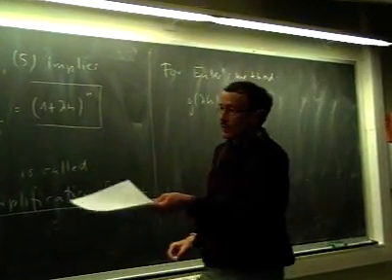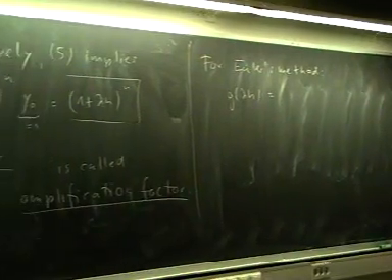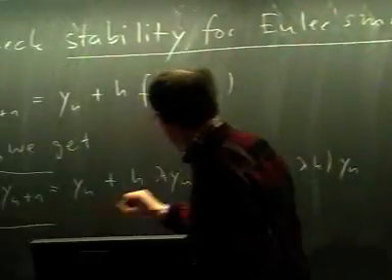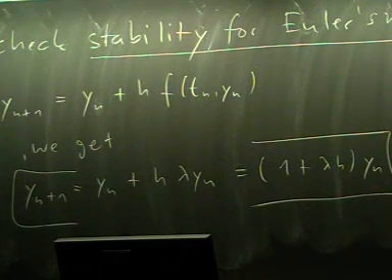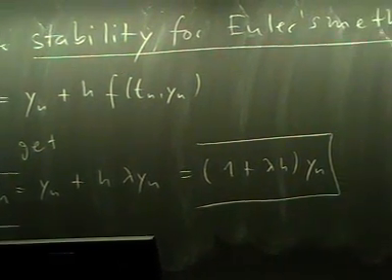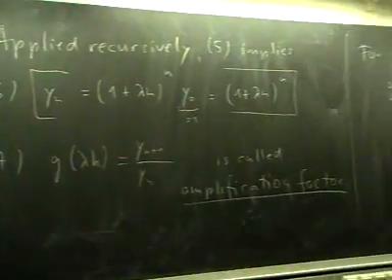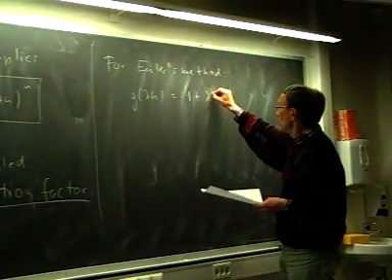We can get it from here. The ratio of the new divided by the old solution for the test equation is equal to 1 plus lambda h.